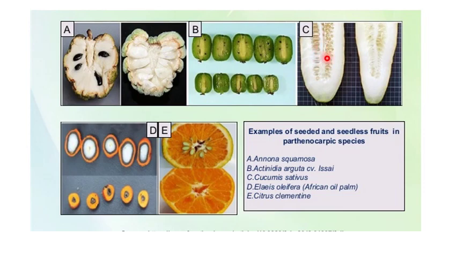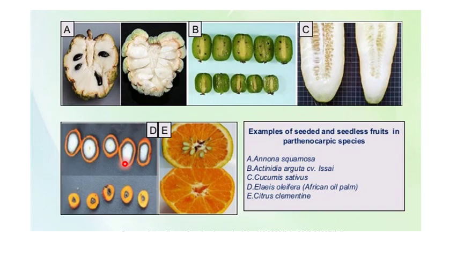In section C, Cucumis sativus is also exemplified. Its common name is cucumber. On the left side, the seeded fruit variety is present, but when proper pollination or fertilization does not occur, then the parthenocarpy process starts and seedless fruits are developed.